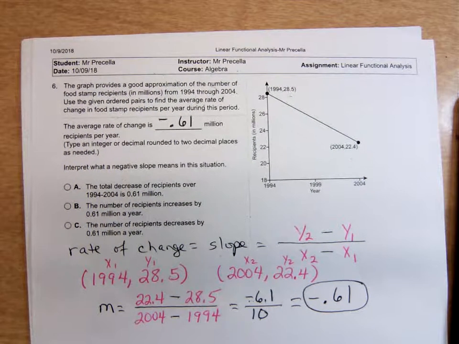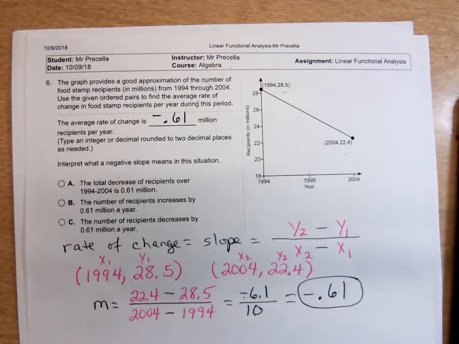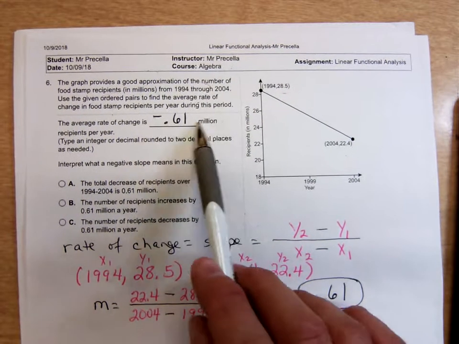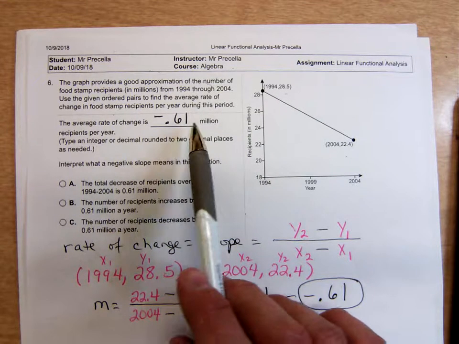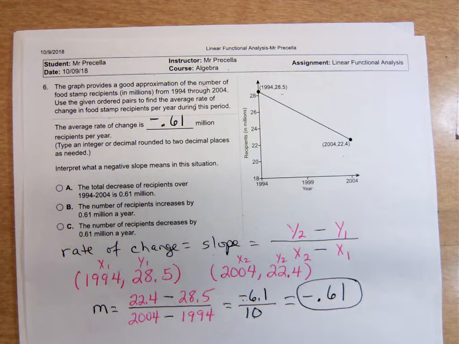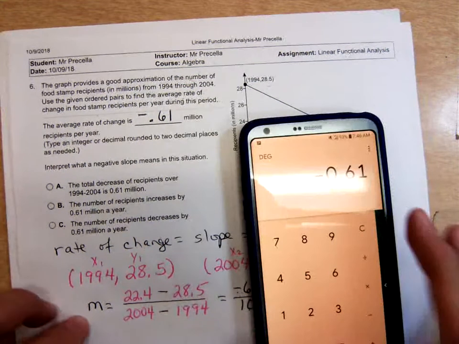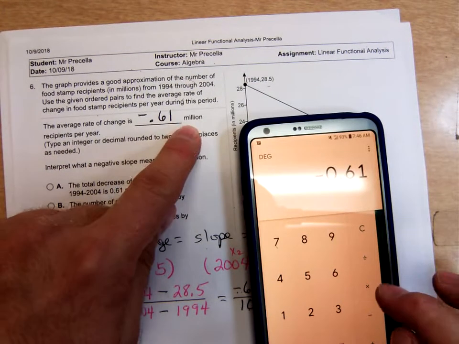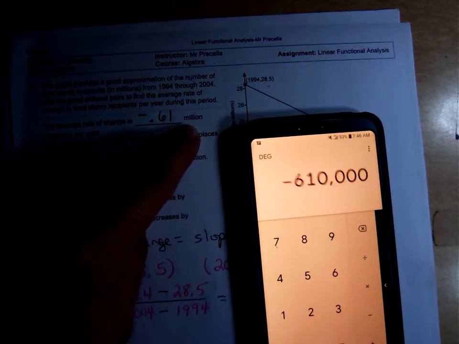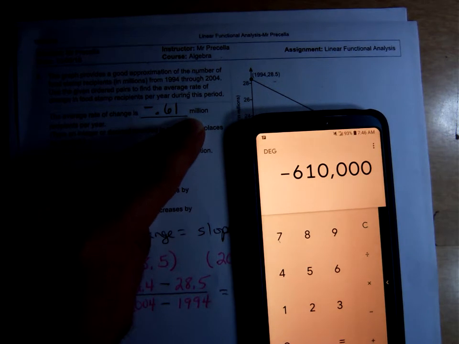0.61 million would be 610,000. If you move the decimal point 6 places, or in other words, multiply that by a million. You take negative 0.61, it says million, so times 1 million. The lights are, let me see if I can get them back on.